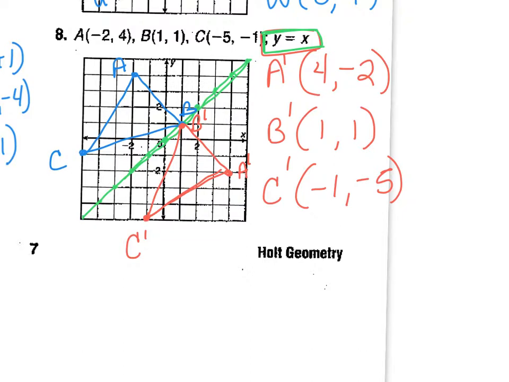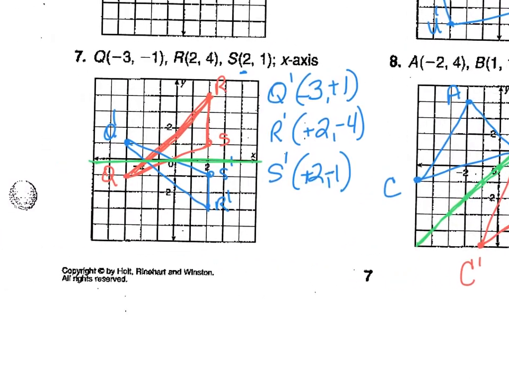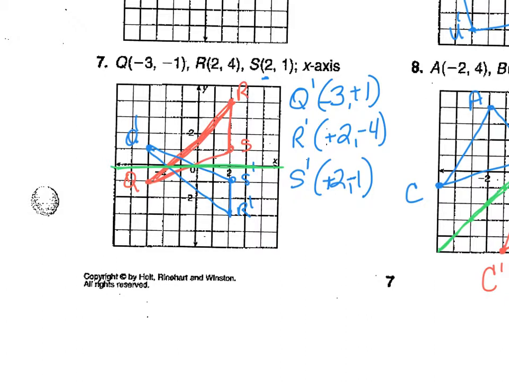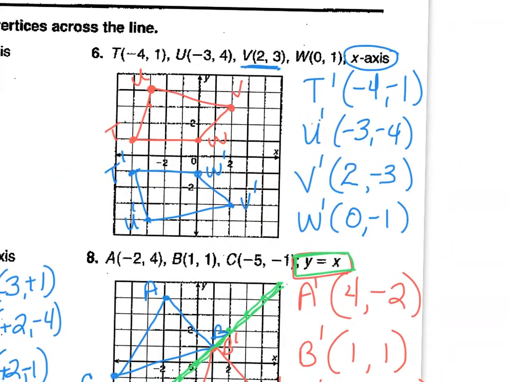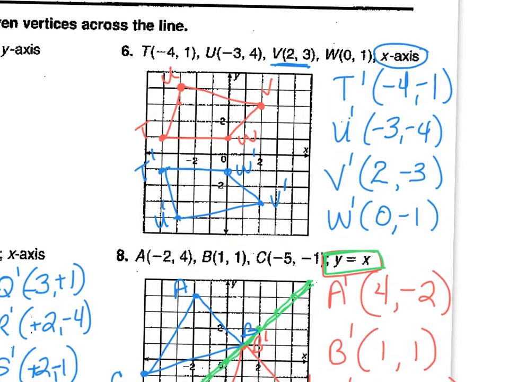Now with the highlighter, would you please get the highlighter and highlight the lines of reflection? In this case, highlight the y is equal to x. And in number 7, get the highlighter and highlight the axis of symmetry, which is the x-axis. Highlight that. That way you know which is the line that you're reflecting over. And number 6 is the x-axis also. So x-axis.